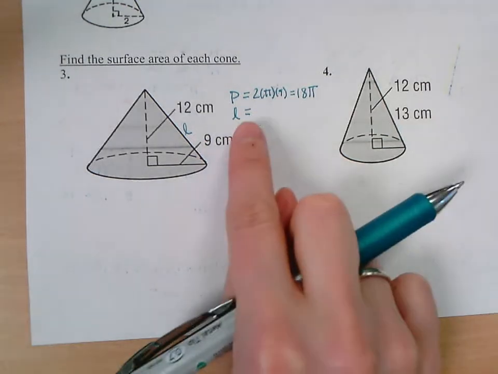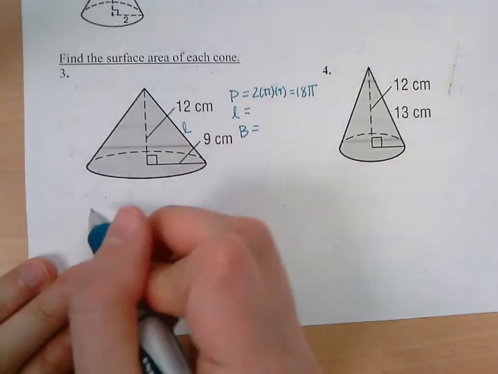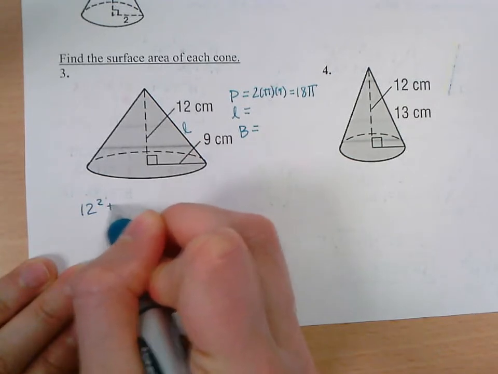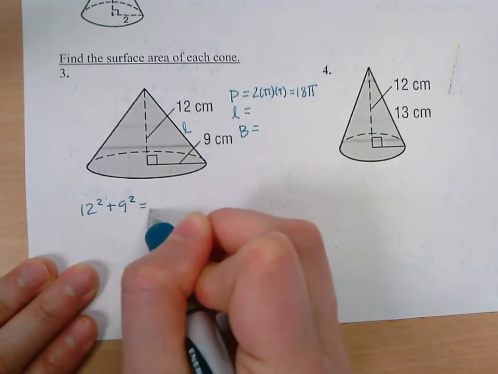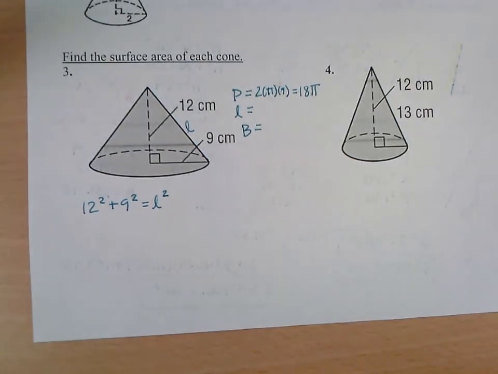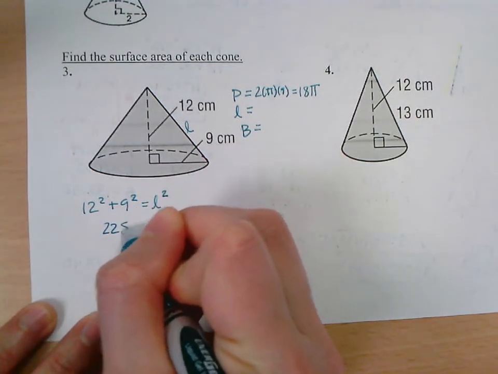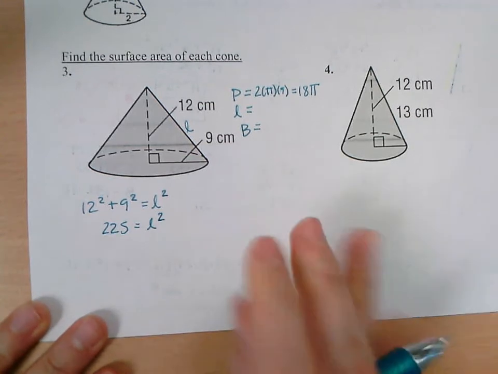To get my slant height, I need to use the Pythagorean theorem. So 12 squared plus 9 squared equals L squared. And 12 squared plus 9 squared is 225. That is a perfect square.